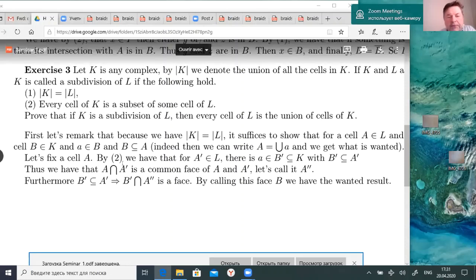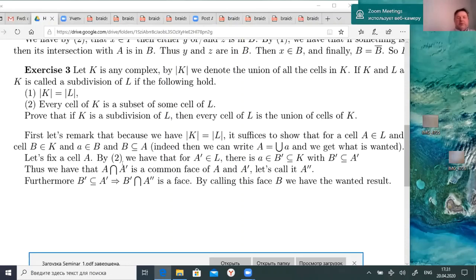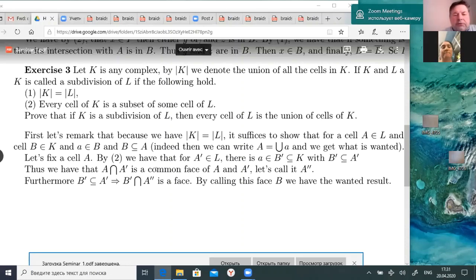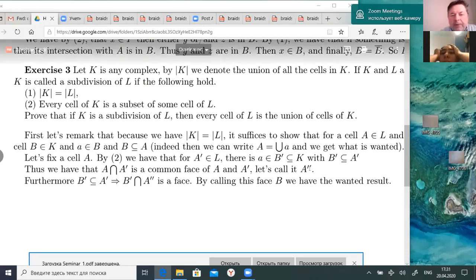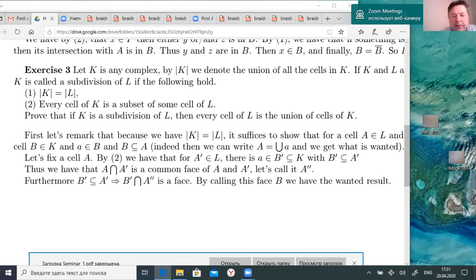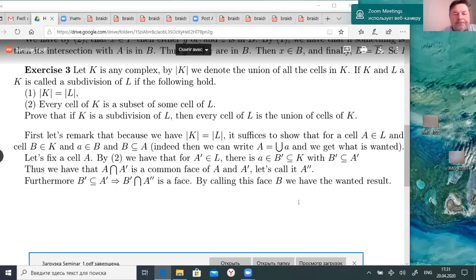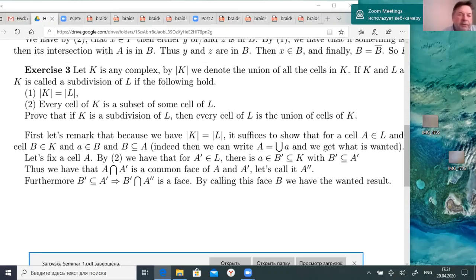Of course, it's not a mistake that you have done, but in some sense this is a tautology, because B prime is in A prime, so B prime is in A prime too. So this is definitely okay, right? But anyway, very good.